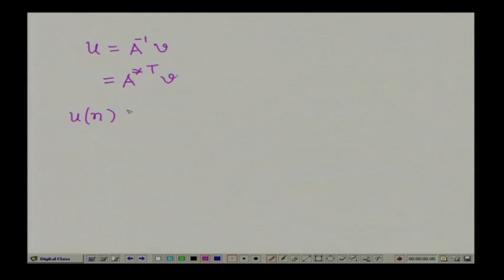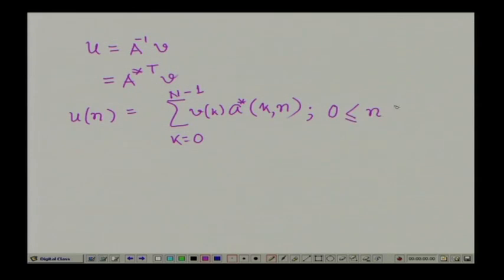this expression can be expanded as u n is equal to summation of V k A conjugate k n, where k varies from 0 to N minus 1. And we have to compute this for all values of n, so 0 less than or equal to n less than or equal to capital N minus 1.